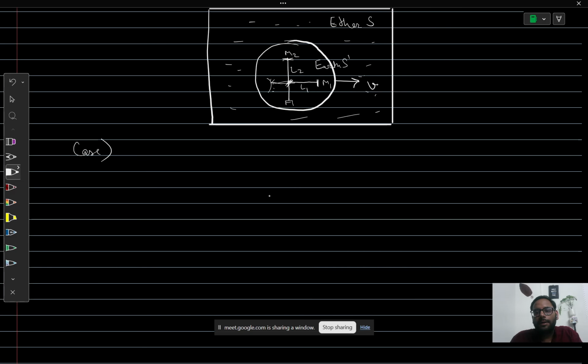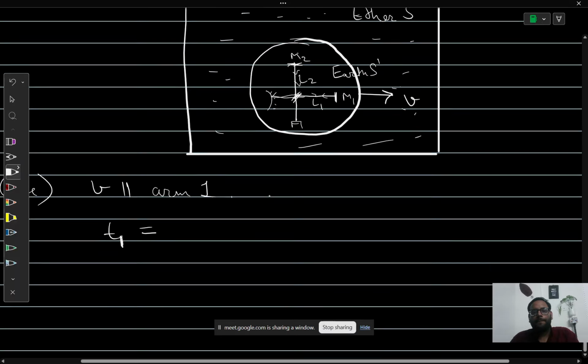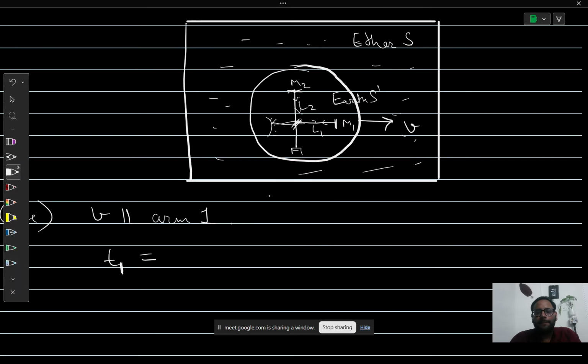Suppose my Earth's velocity is v, and v is parallel to arm 1, this length L1. So what will be the time taken by the light in traversing this L1 distance and coming back?